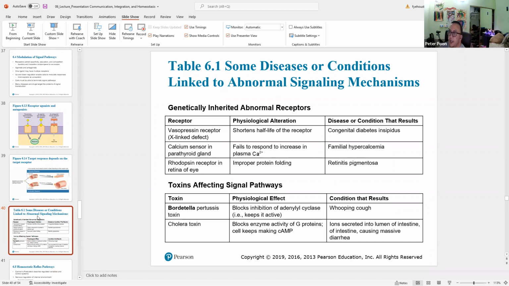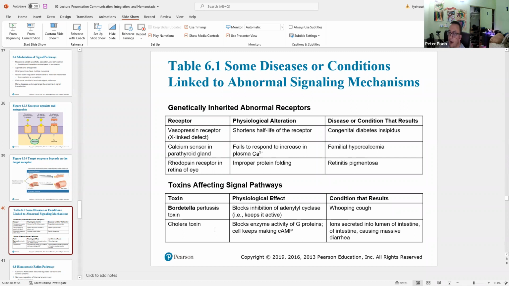Okay, so you can see you can mutate receptors. If you have mutated receptors, there's signaling issues. There are toxins that affect receptors. The pertussis toxin blocks inhibition of cyclase, so it actually keeps it active, and that leads to whooping cough.